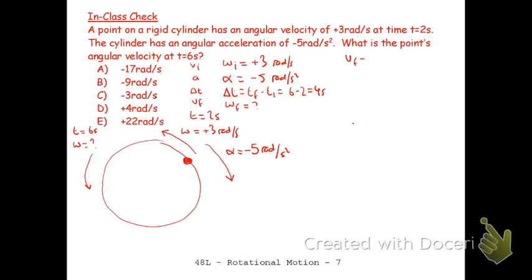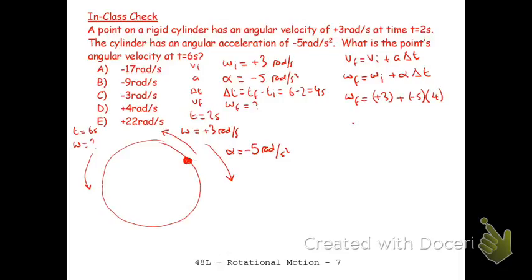vf equals vi plus a delta t, which is the same as omega f equals omega i plus alpha delta t. Omega f is what I want. Omega f is equal to plus 3 added to minus 5 times 4. 4 because it's the difference in time: we started at 2 and went to 6.